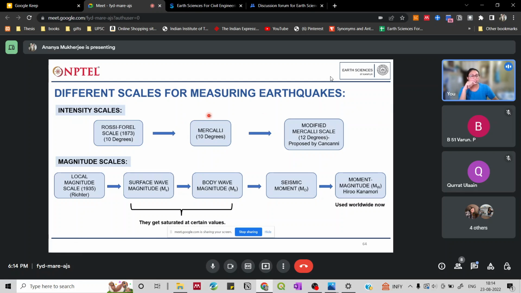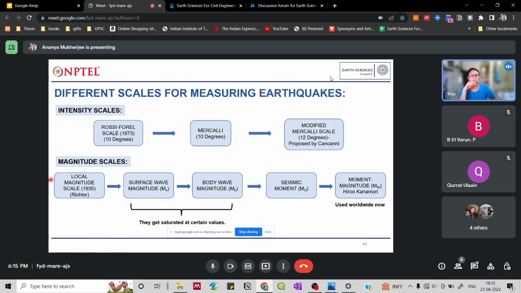So intensity scales became very relative to the location of the seismic station. If one seismic station was situated nearer to the epicenter and another was situated far away, the effects seen at the two stations will be different, so you would have a difference in the intensity rating. That is why we have the magnitude scales.